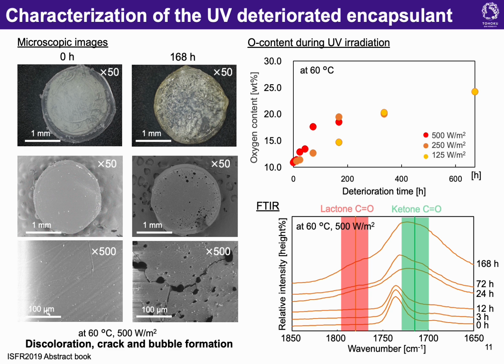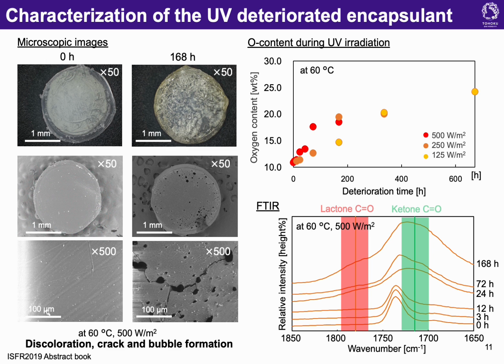Digital microscope and SEM images of the EVA encapsulant are shown here. Following the UV deterioration of the EVA encapsulant at 60 degrees for 168 hours, discoloration was observed.